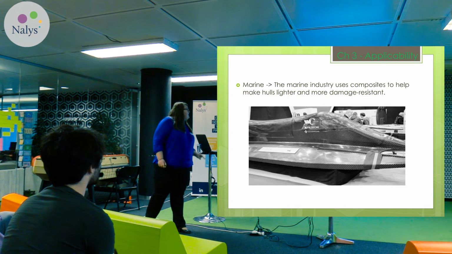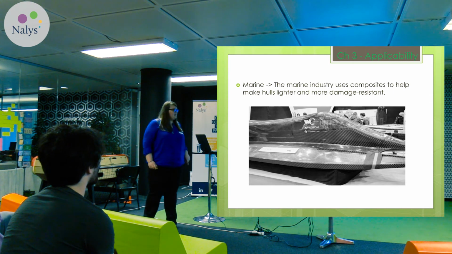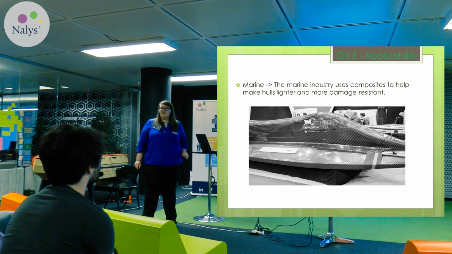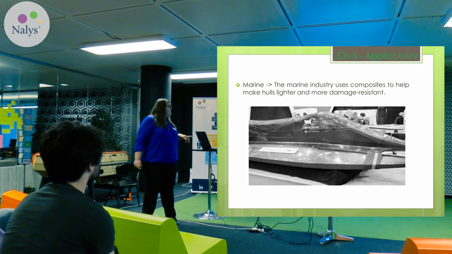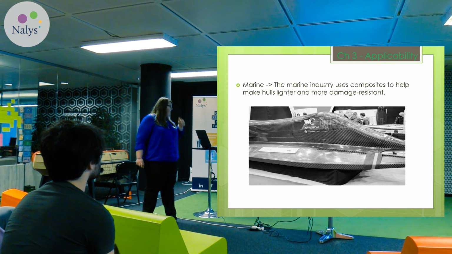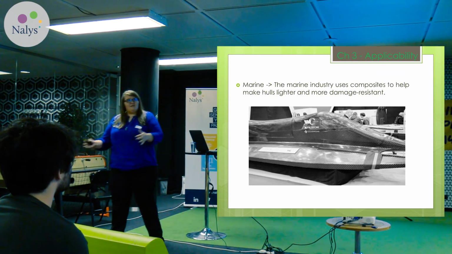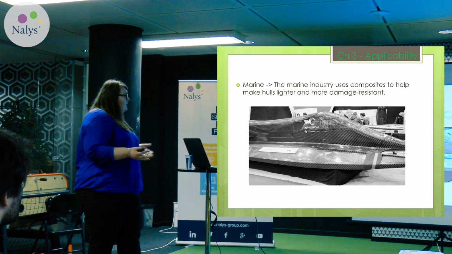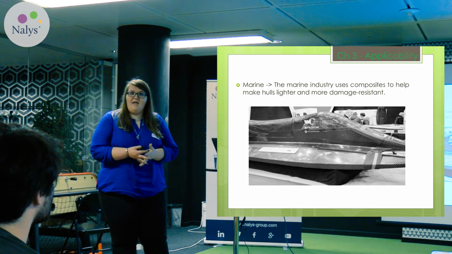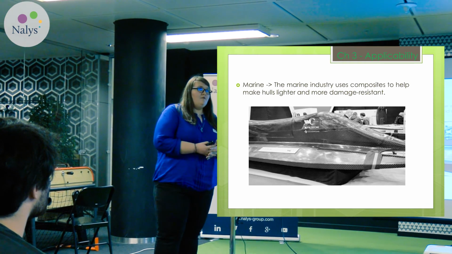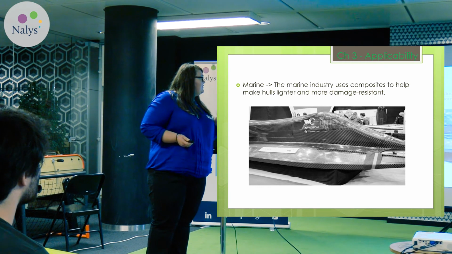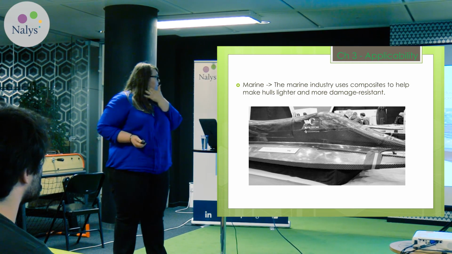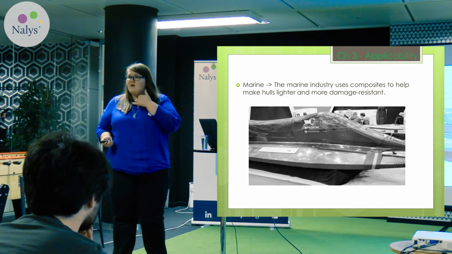In the marine industry, if I'm not making a mistake, I think it started from there. In the marine industry, you use composites everywhere, because the fluid is the water, then the fluid is the air, and so on. So the marine and the aerospace go hand in hand. It's used for a lot of boats, and intensively for high power boats.